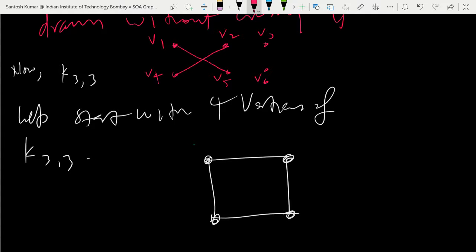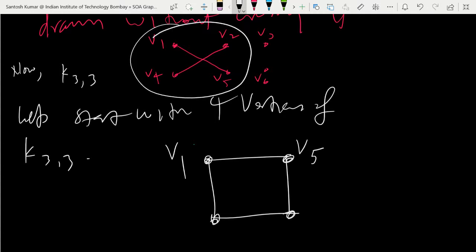But this is a crossing edge, so I'm improving this one. You just interchange V1 and V5. So V5 you write here. I'm just writing this in another way. So V1, V5 are joined, and V2, V4 are joined.